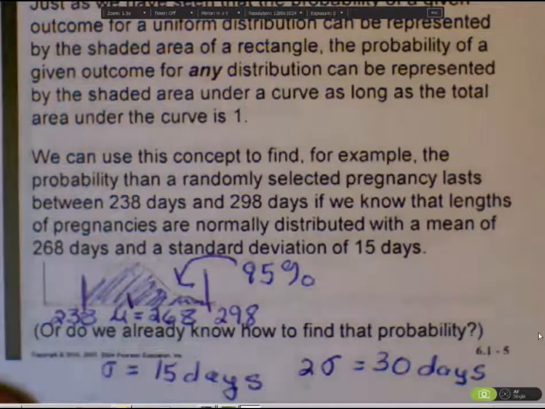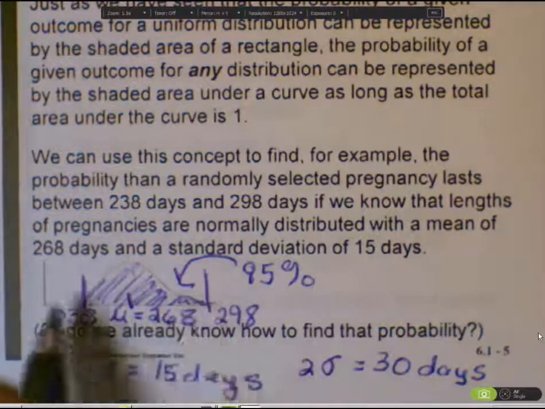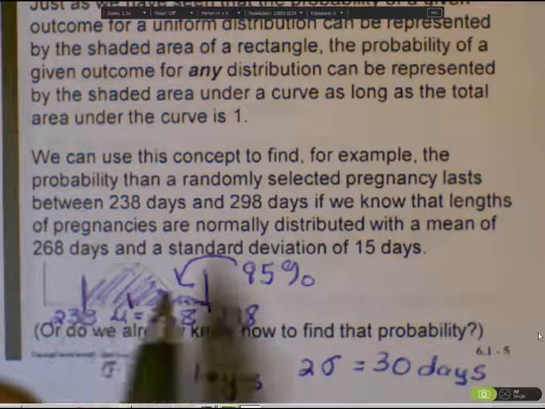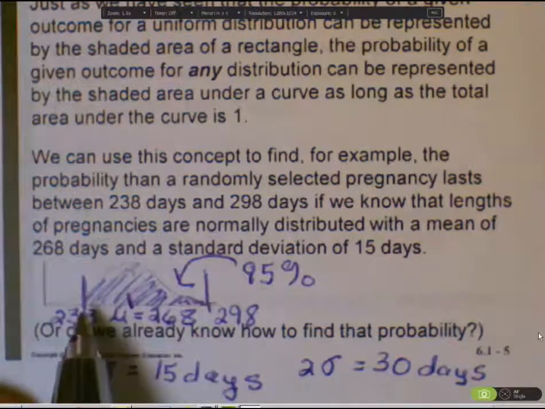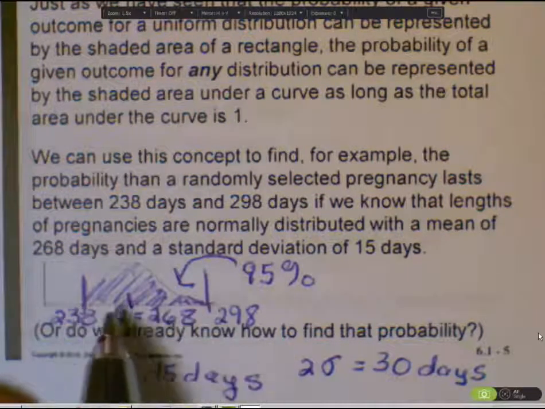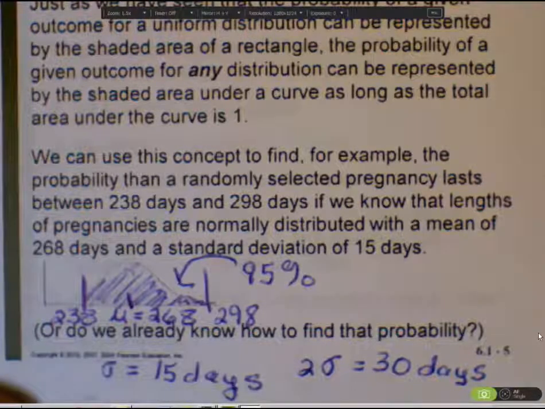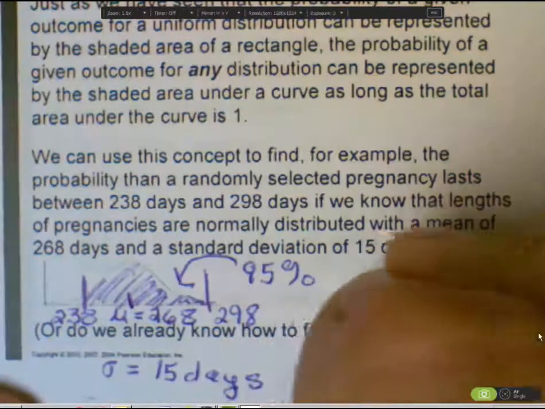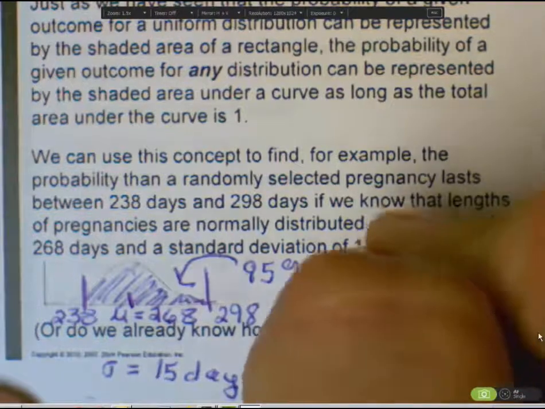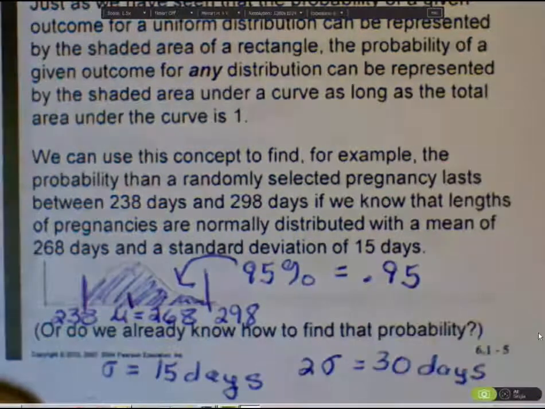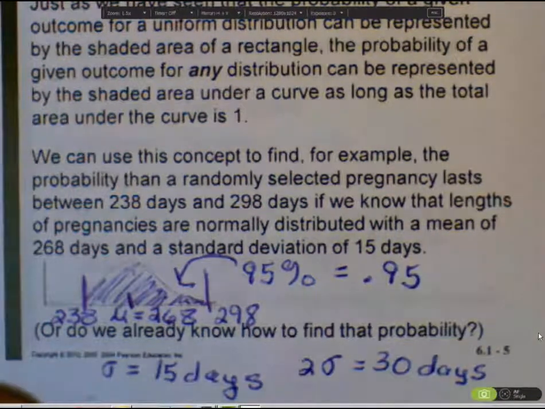If we know that we're looking for the probability that, in a normally distributed population, a value lies within 2 standard deviations of the mean, that probability is 95%, or expressed as a decimal, 0.95, by the empirical rule.